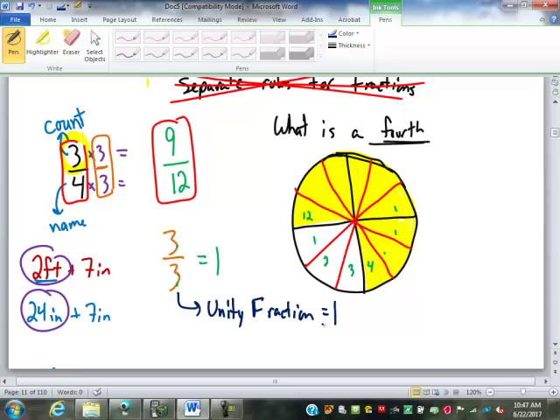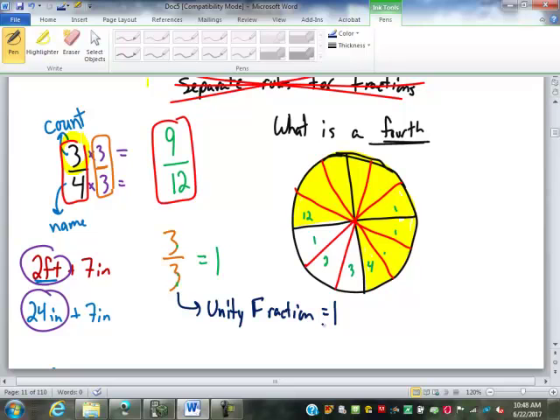Throughout math, there are several different places where unity fractions come into play. For us, the biggest application is going to come in about week 6 of the summer. We're going to look at measurement conversions. Unity fractions play a huge role in measurement conversions. How did we really change that 2 feet into 24 inches?